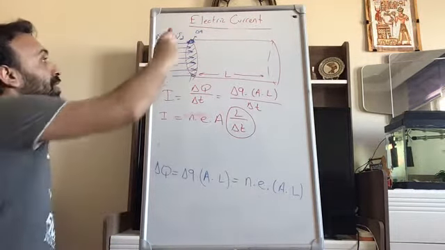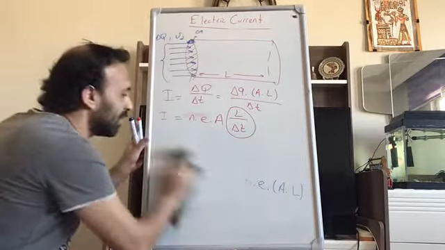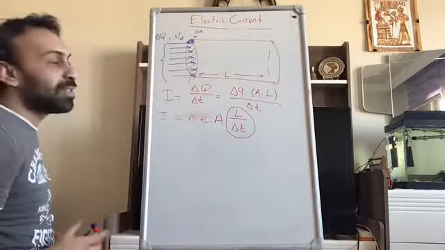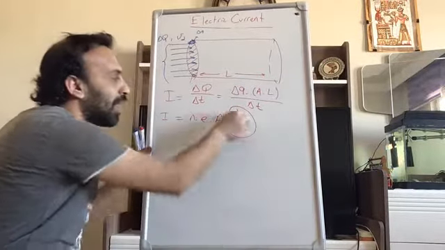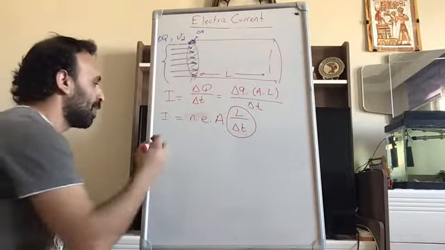If the electrons are moving with the velocity Vd, let's assume that it is a constant velocity. From the first semester, remember how we can calculate the displacement in terms of the velocity and time.